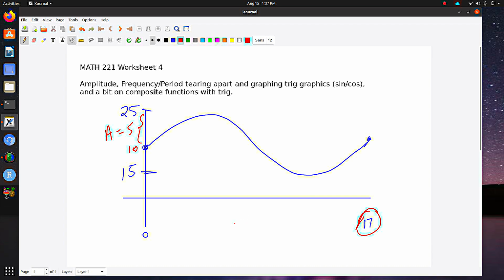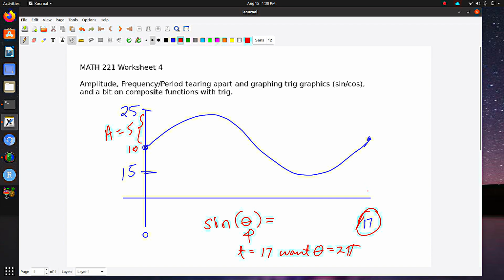So I should end up with sine of some kind of theta, and at t equals 17, I want theta to equal 2 pi. I'm not afraid of wasting variables.